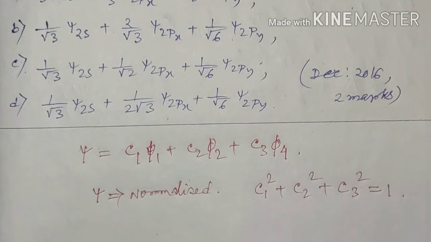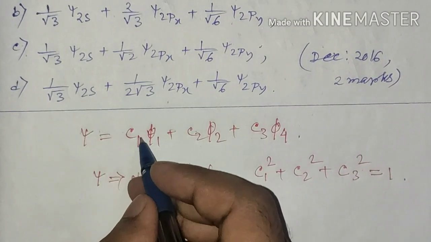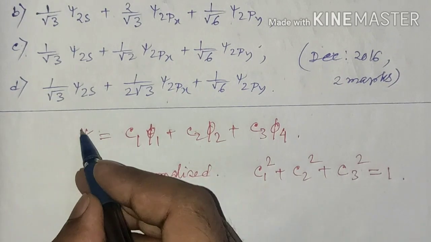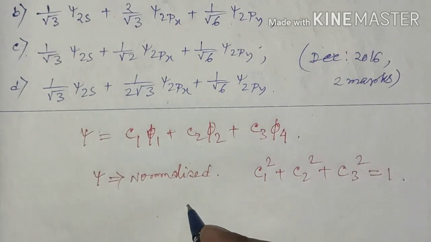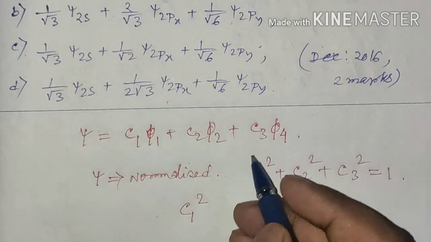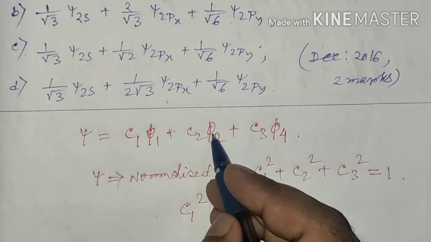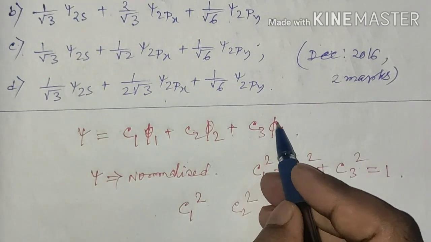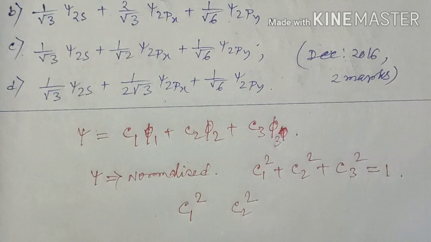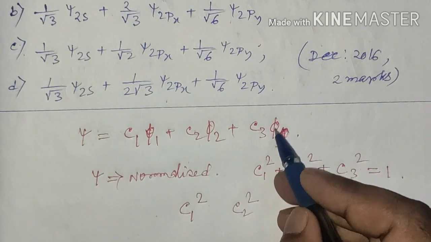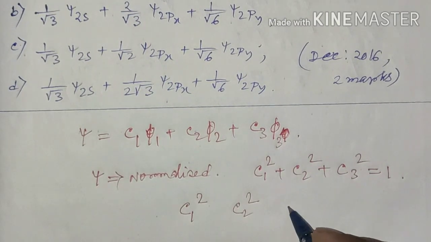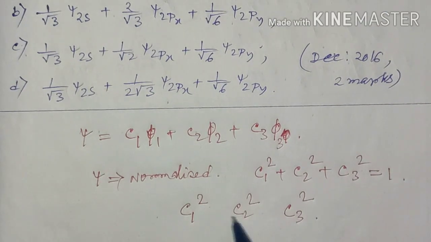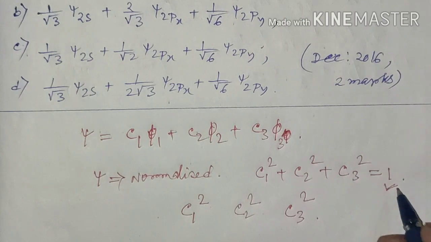There is another thing you have to learn: the contribution of the psi1 atomic orbital to this wave function is equal to C1 square, similarly the contribution of the psi2 atomic orbital is C2 square, and the contribution of psi3 to psi is equal to C3 square, and the summation of these squares will be 1.